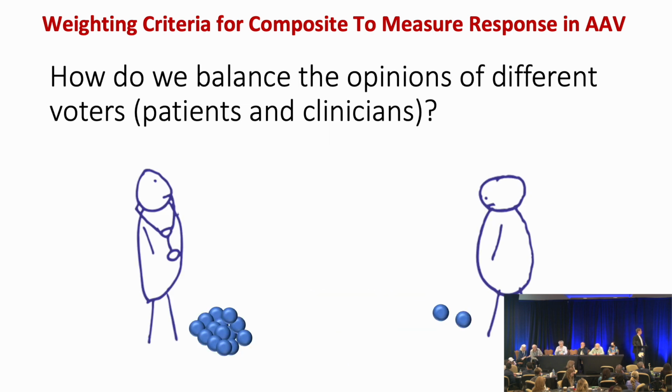Who has the vote? How do we balance the opinions of different voters? Some tables might have mainly PRPs, other tables might have no PRPs, and there might be different stakeholders. So that, of course, very much directs the final weighting.